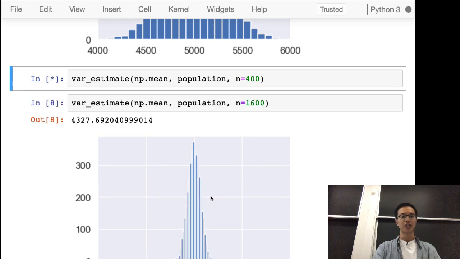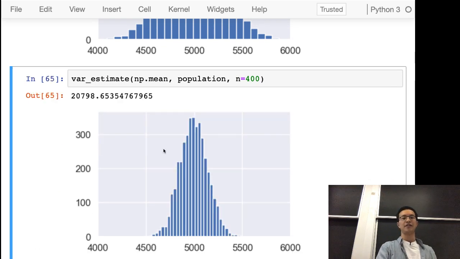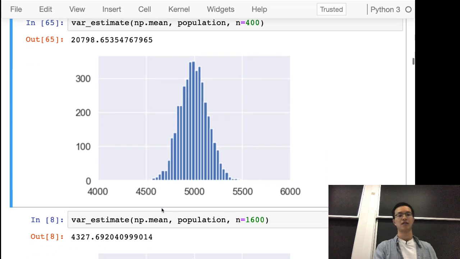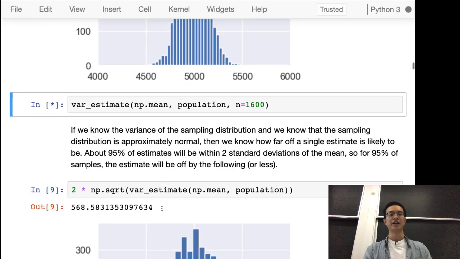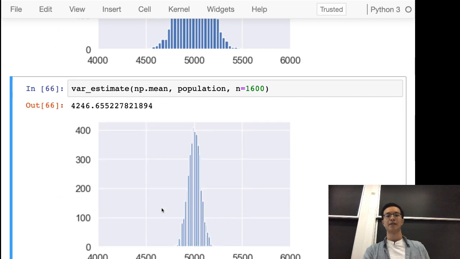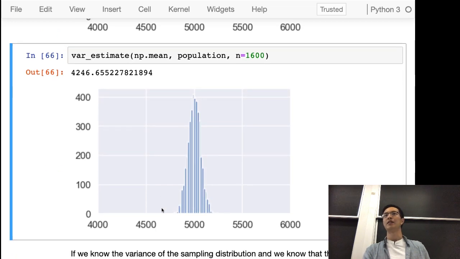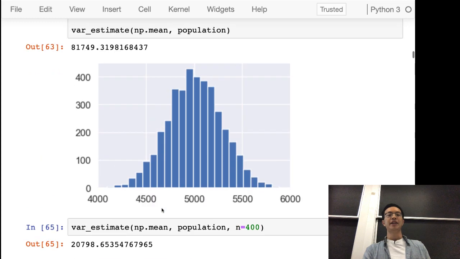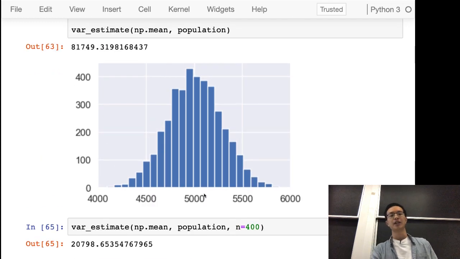Now, if I increase my sample size, the variance of my estimations goes down. And if I increase it even more, I get a very small variance. Okay. And so what we do is we say, if I had access to this distribution, I could create a confidence interval. And the way I create a confidence interval is I say, find the two endpoints that keep 95% of my values.